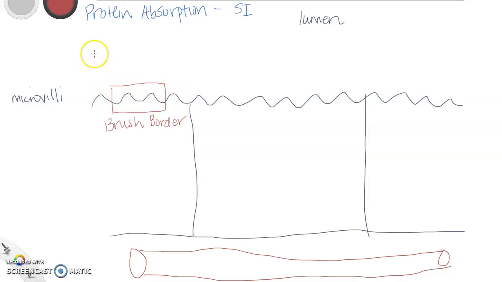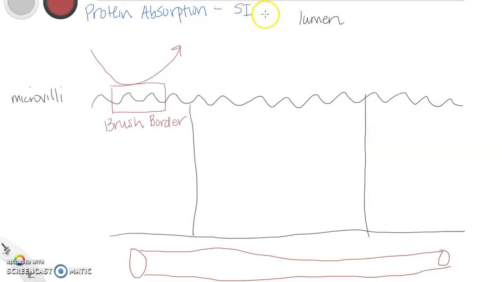And the brush border has enzymes, peptidases, that break those polypeptides that have been broken down, and break them down into the smallest particles.